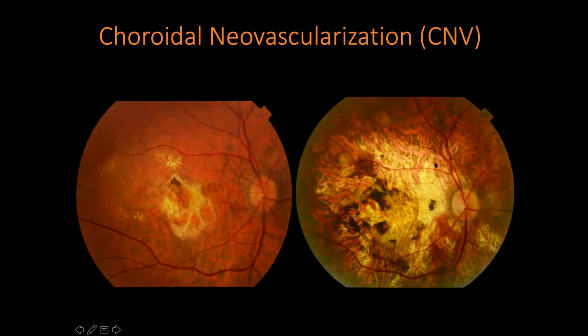However, as you could see, 15 years later, that blind spot has increased in size, and this was before we had some of our current treatment modalities, which might have limited the size of this blind spot had we had them available at the time of presentation.